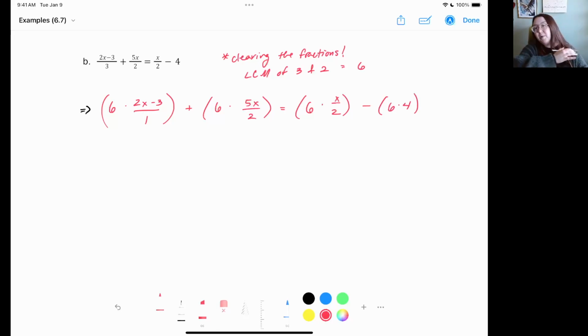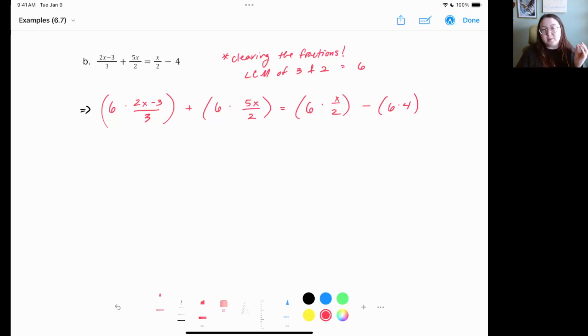So you'll multiply every single term by 6. Then we can multiply them together, and then we can simplify as much as we possibly can.